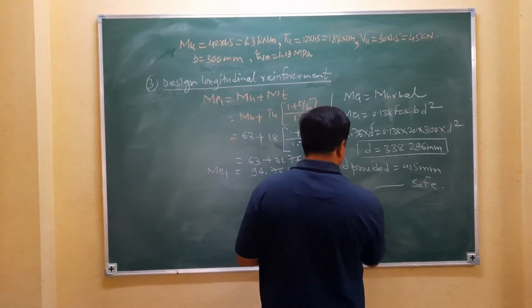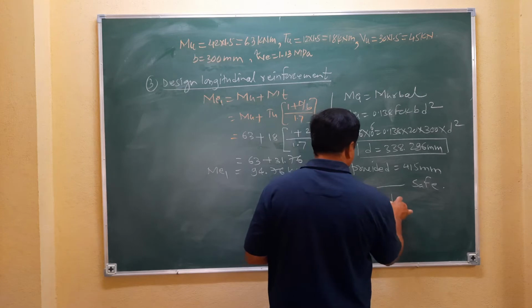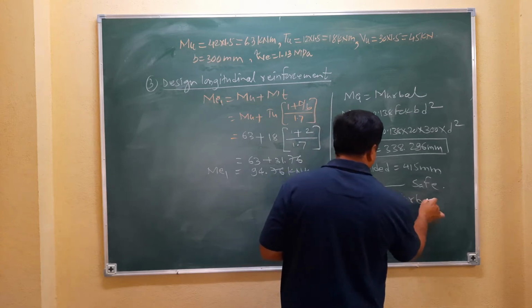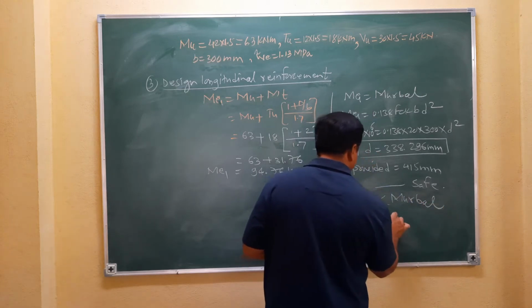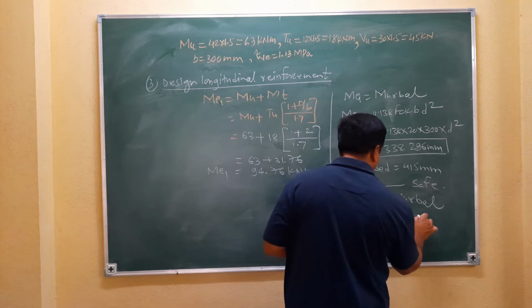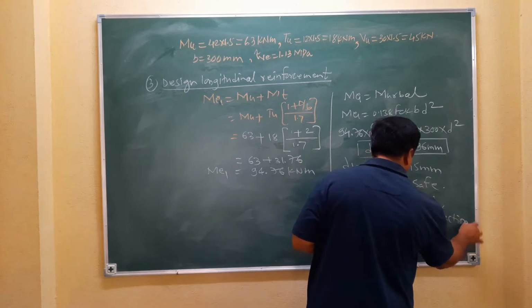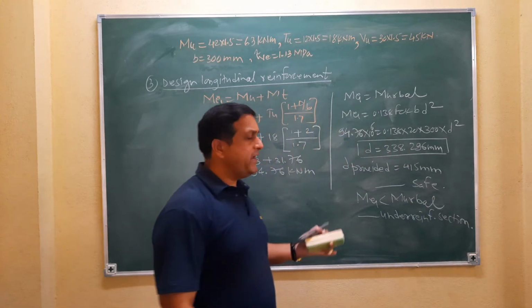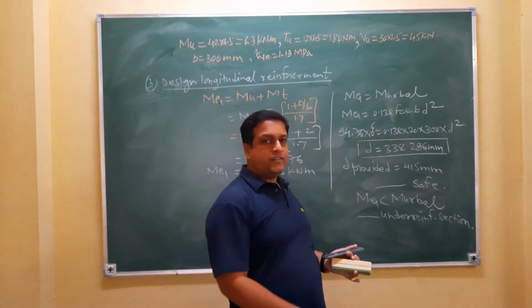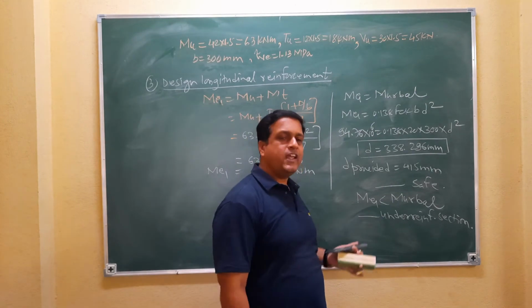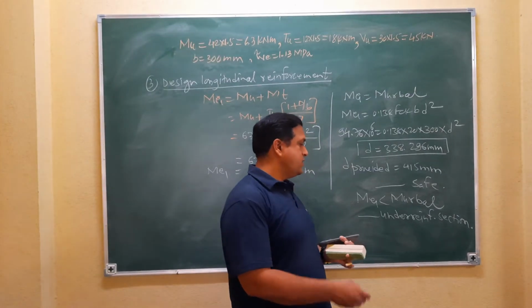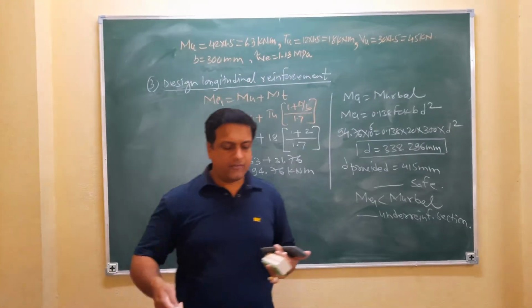That means our MU1 is less than MU balanced. So the section is acting as an under reinforced section. Okay, the beam is satisfying this criteria.